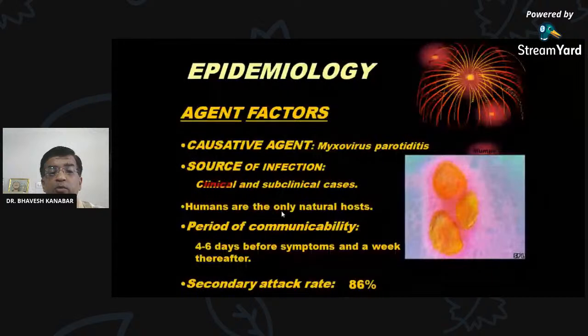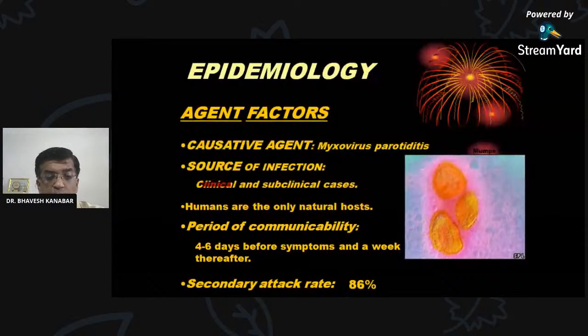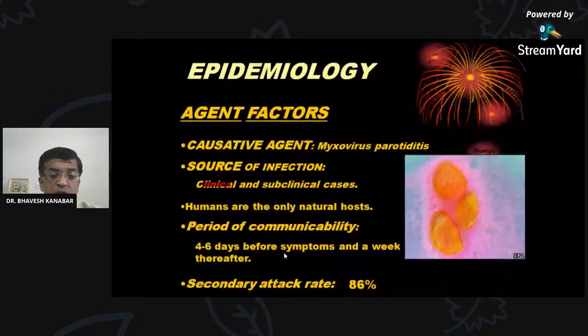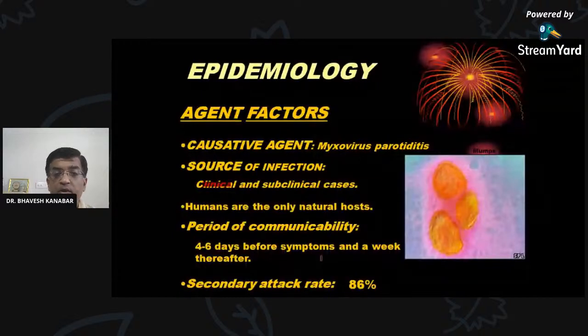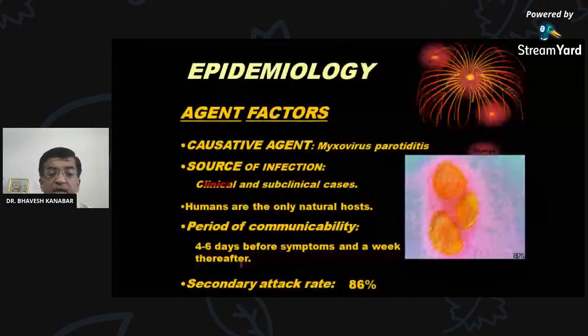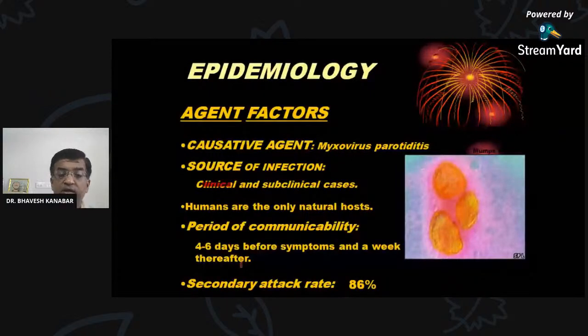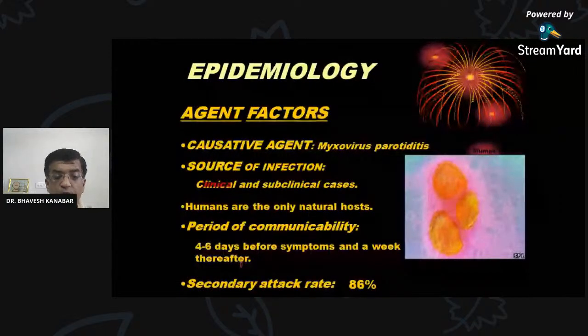It is communicable from 4 to 6 days before the symptoms begin and a week thereafter. Suppose symptoms begin today, the child is infectious to others 4 to 6 days before the beginning of symptoms, and 7 to 8 days after. Secondary attack rate is 86%.